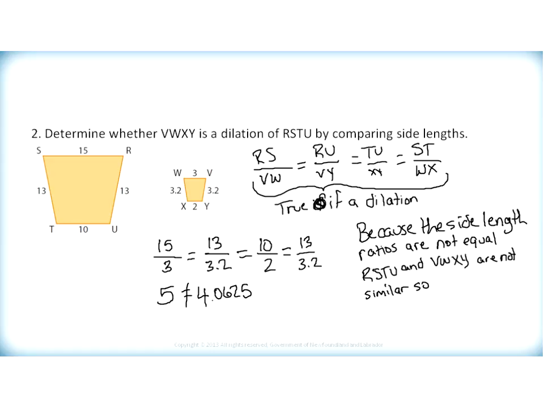So VWXY is not a dilation of RSTU. Once I find that one pair of side ratios is not equal to each other, I can stop right there. I know that this is definitely not going to be a dilation.